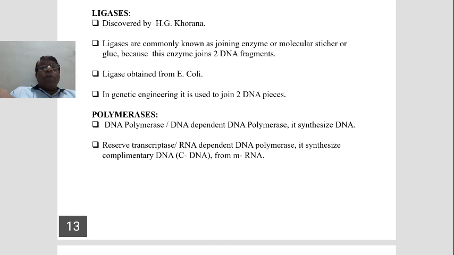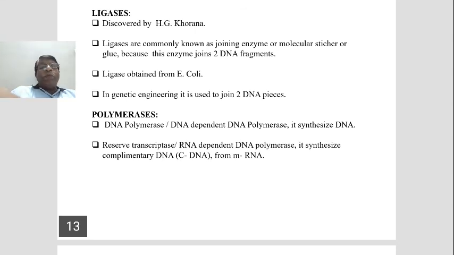Next, polymerases. DNA polymerase. This is also called DNA dependent DNA polymerase. This enzyme synthesizes DNA molecules.